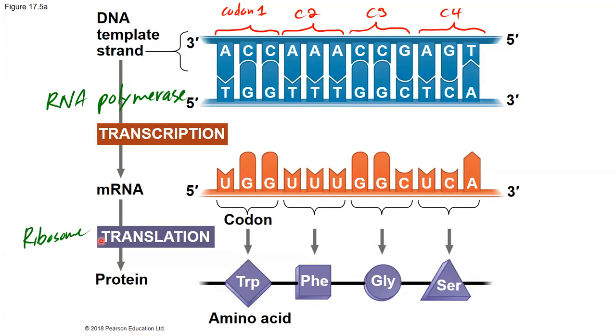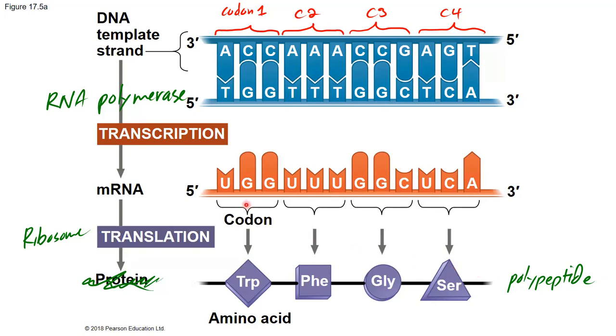These codons will be used by the ribosome to build a polypeptide. This is a polypeptide. It's more accurate to call it a polypeptide, not a protein, with a specific amino acid sequence, with a specific order of amino acids.